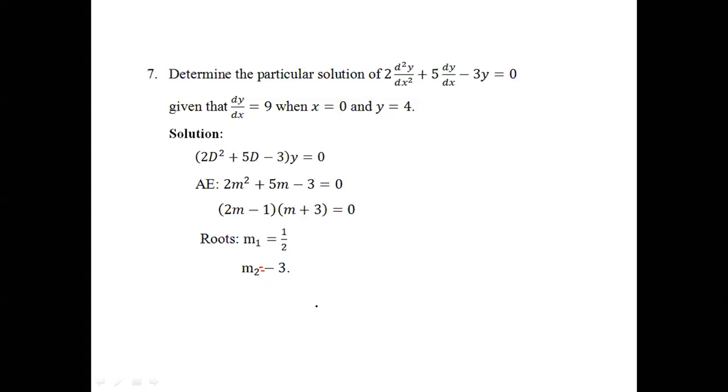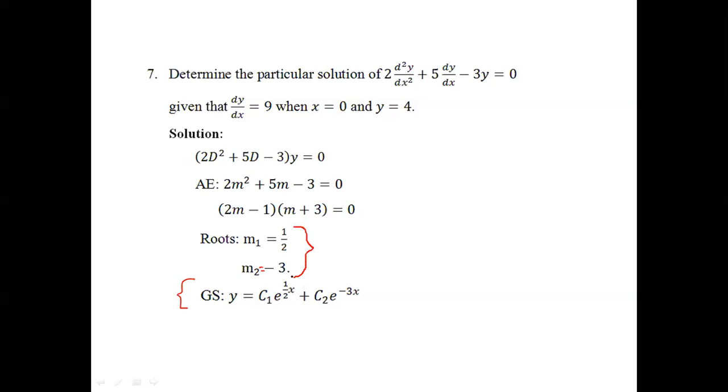Those are the roots. Then we now come to the general solution. The general solution is y equals C1 e to the half x plus C2 e to the negative 3x. So this is a general solution considering the nature of the roots that we've got.